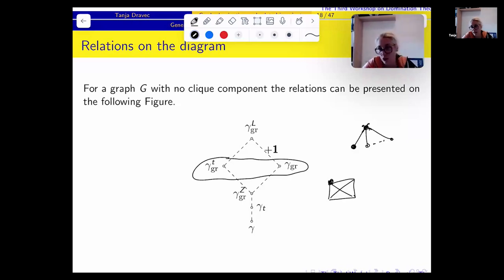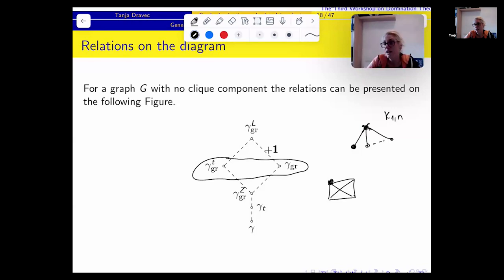So Grundy total domination number of the star is 2. But for a closed neighborhood sequence, I can put all the leaves in the sequence in any order and get a closed neighborhood sequence of cardinality n, if I have a star K_{1,n}. So in stars, if the star is large enough, the difference between Grundy total and Grundy domination number is also large.